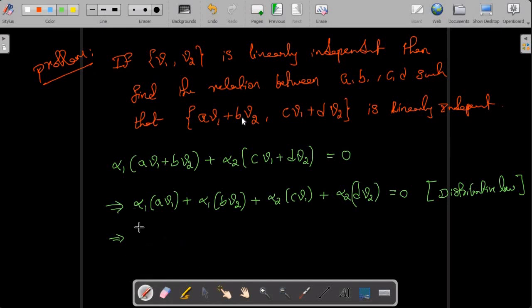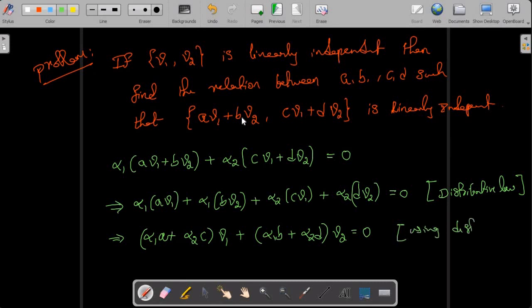Okay, so I'm writing this entire expression like this: (alpha 1 A plus alpha 2 C) into V1 plus (alpha 1 B plus alpha 2 D) into V2 equal to 0, right? So many properties we used here, using the distributive law and the commutative law of addition, and similarly properties related to scalar multiplication.